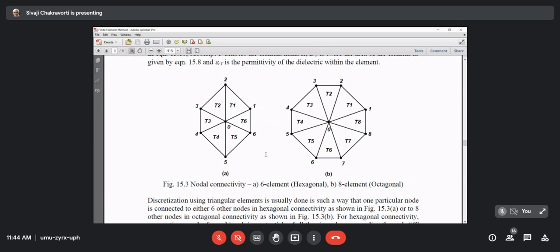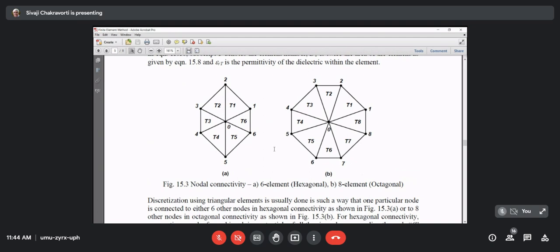Then we see in how many triangles this node 0 belongs. Quite clearly, node 0 belongs to 6 triangles. That's why it is hexagonal. On the right hand side, it's the octagonal connectivity. So node 0 belongs to how many triangles? The answer is 8.